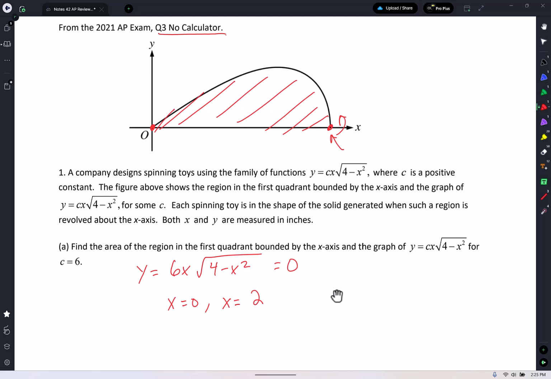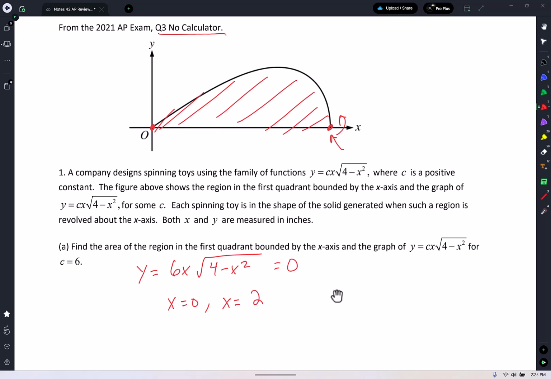How did I get this 2? In case you're wondering how I got that 2, you got that 2 by looking at 4 minus x squared. When does that equal 0? Well, that's only going to equal 0 if x is 2. 2 squared is 4, 4 minus 4 is 0. If you don't see that, just set the expression equal to 0 and solve for x. Square root of 4 is 2. Do you guys see that or no? Okay.